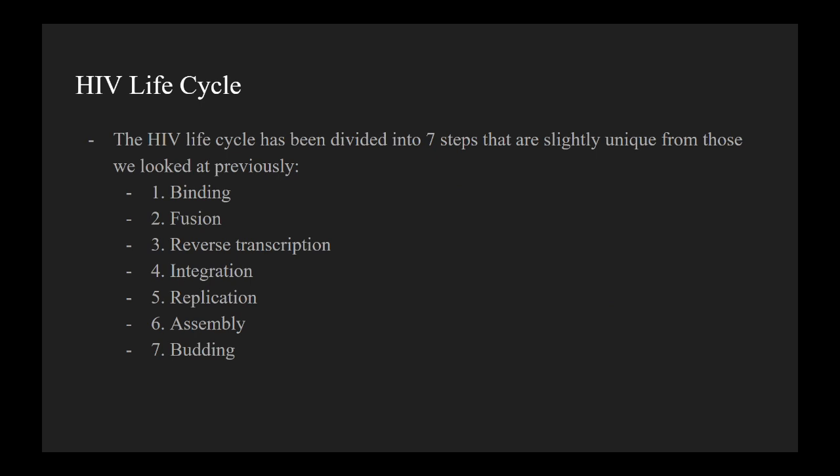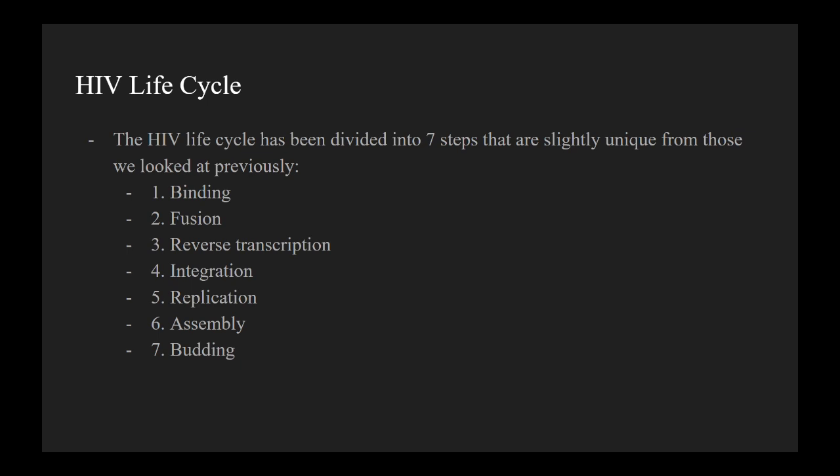We looked at the cycle of viral replication already in my virus lecture, but specifically for HIV, it's divided into 7 more specific steps: binding, fusion, reverse transcription, integration, replication, assembly, and budding.